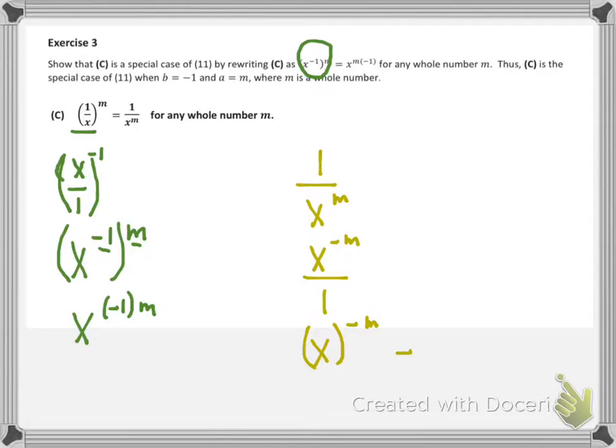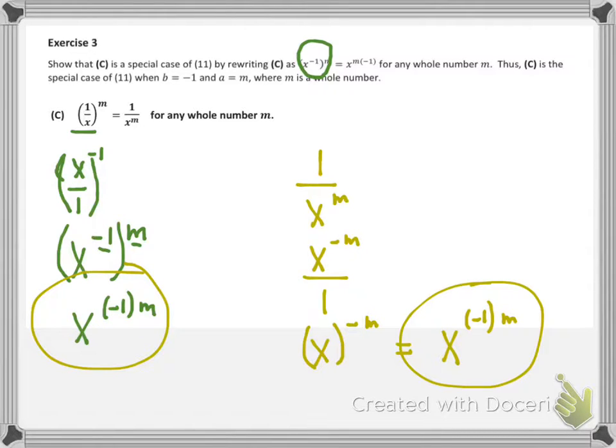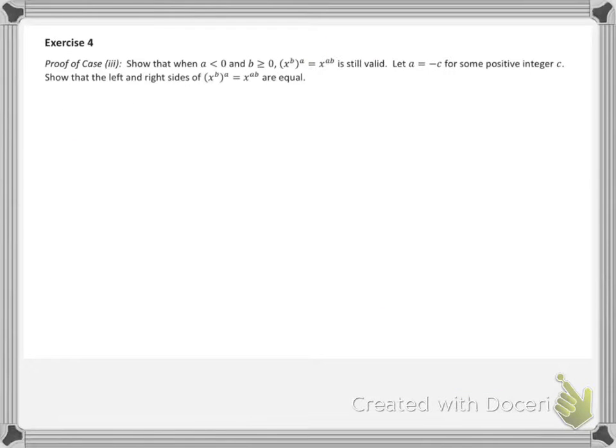And again, from our last exercise, now we can say that -1 is the coefficient, times m, that's the exponent. So now we see that these are the same once again. All right, moving on, exercise 4.